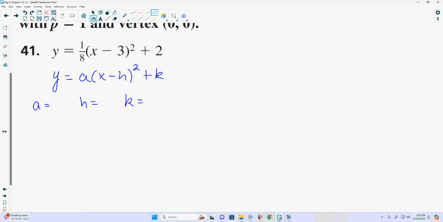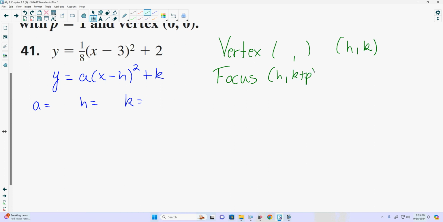Because what we're wanting to use this to find is the vertex, which is our point h comma k. Our focus, which again, if we look at the general form, is h comma k plus p.